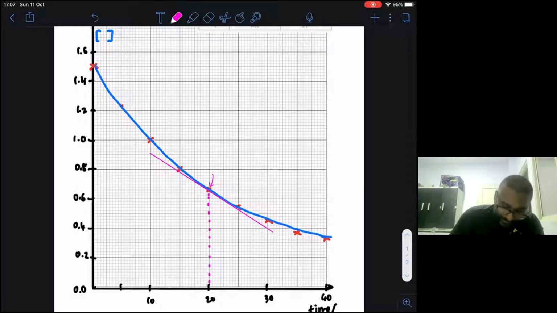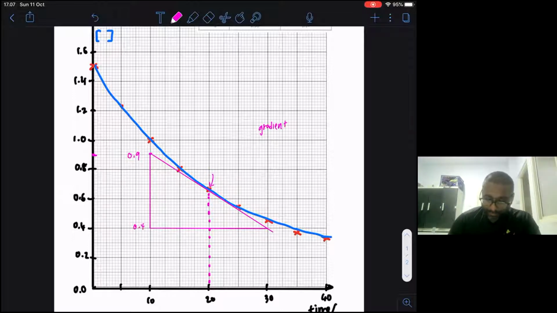If I draw a triangle over here, we can use this triangle to find the gradient. So how to find the gradient? We find what this point is. Let's say I assume it's somewhere here, 0.9, and this is 0.4. 0.9 minus 0.4 is going to be 0.5.